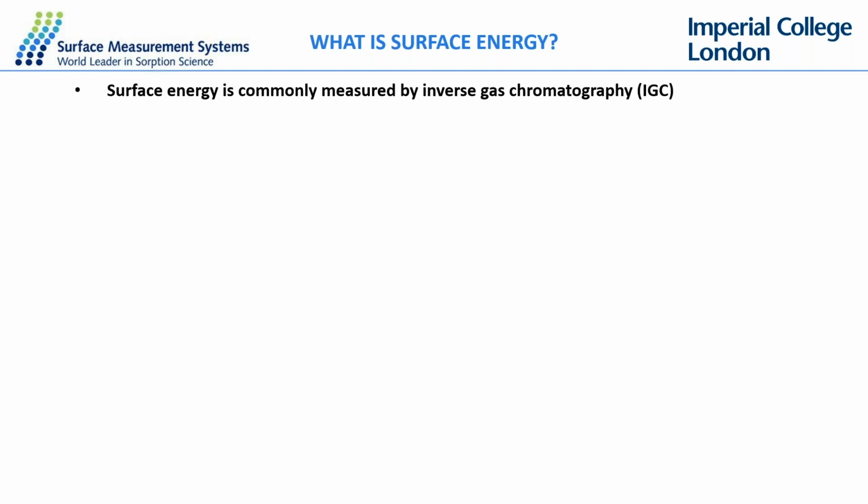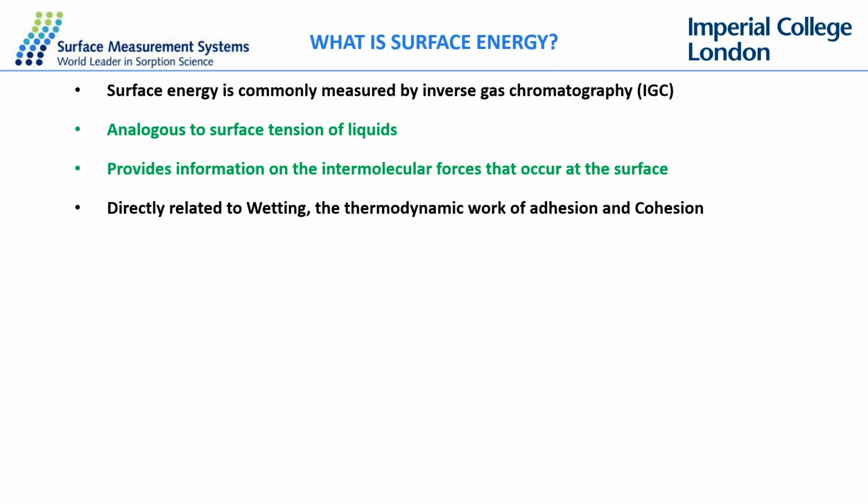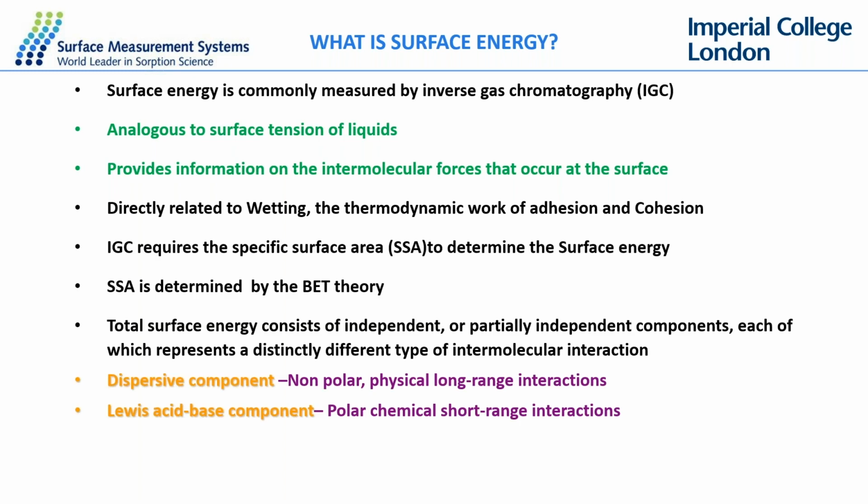Now, surface energy. Surface energy is the most commonly measured property by inverse gas chromatography. It is analogous to the surface tension of liquids, and it provides information on the intermolecular forces occurring at the surface of the material. It's also directly related to wetting and the thermodynamic work of adhesion and cohesion.